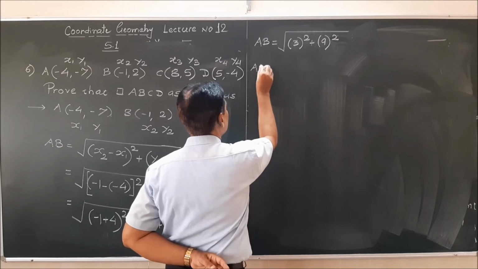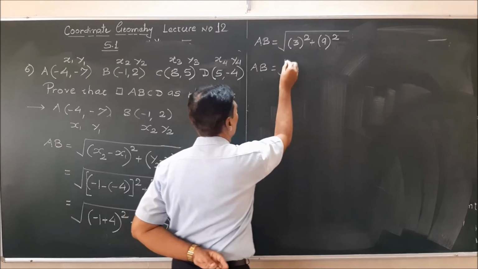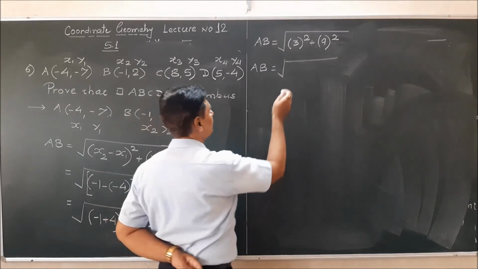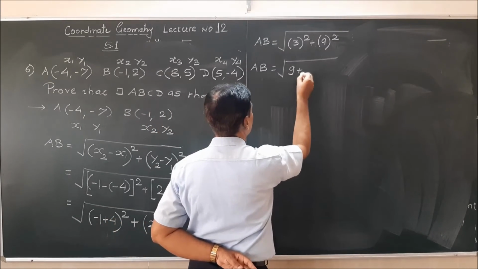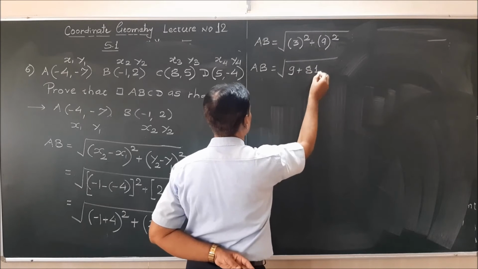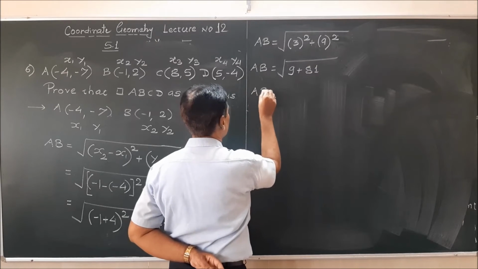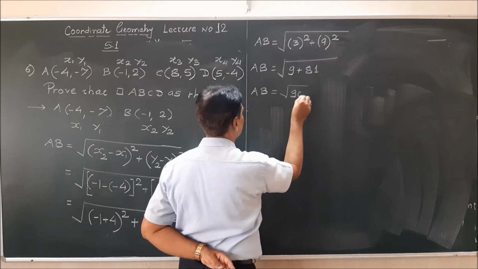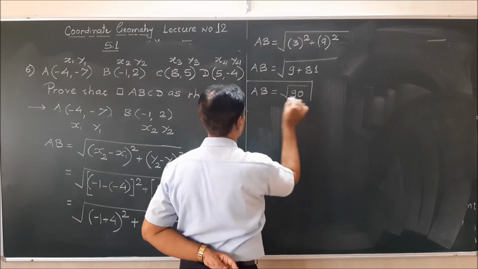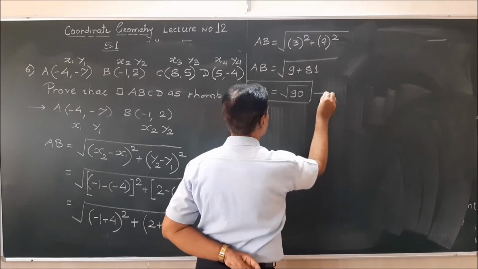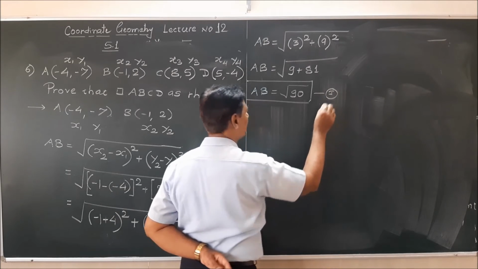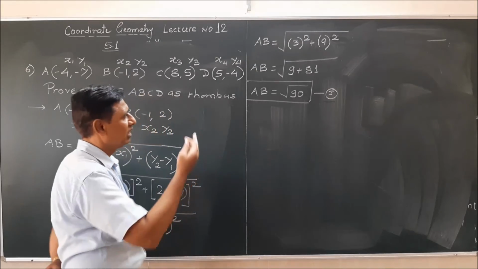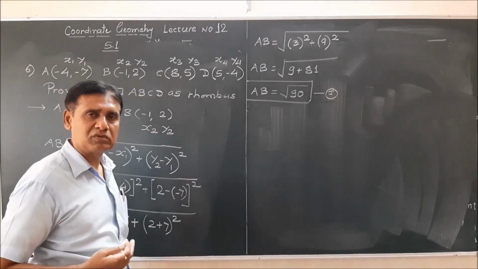Therefore, AB is equal to root of 3 square is 9 plus 9 square is 81. Of course, you will get the value of AB as root 90. In this case, dear students, we have to find out the value of all sides. So AB, we obtained as root 90.